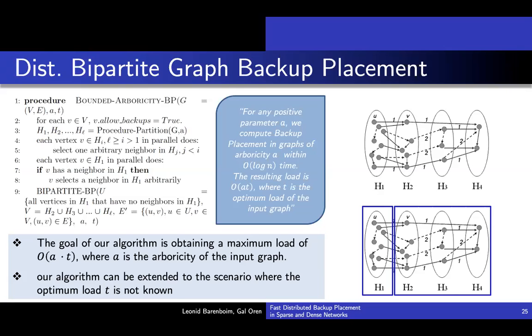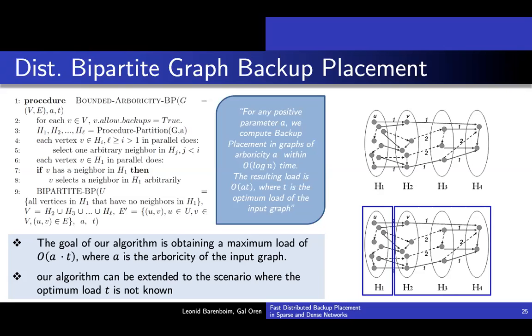For each vertex in H1 that has a neighbor in H1, we select such a neighbor arbitrarily. Since the maximum degree in H1 is bounded by 3A, each vertex can be selected by at most 3A neighbors. However, some vertices in H1 may have no neighbors in this set, but only neighbors in sets of greater indices.